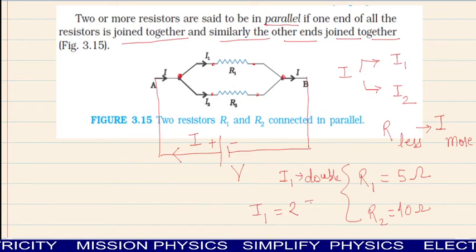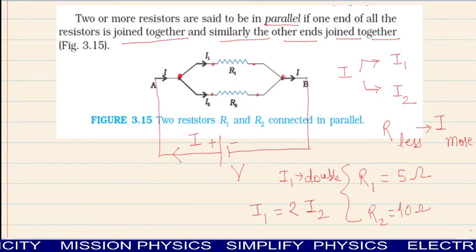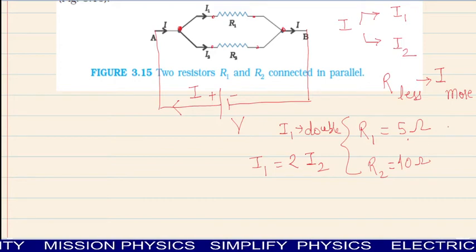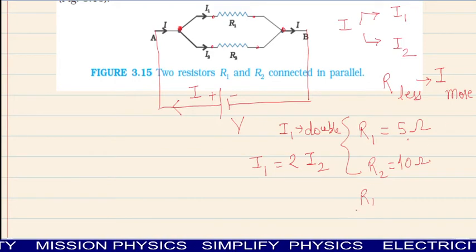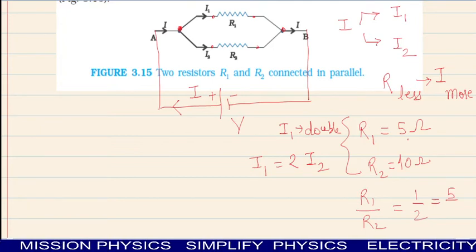I1 will be double of I2 because resistance of R1 is less, that is half. यहाँ भी आपको combination मिल रहा है. R1 by R2 is equal to 1 by 2 because 5 by 10 हो गया.